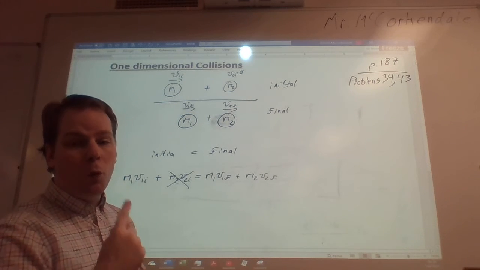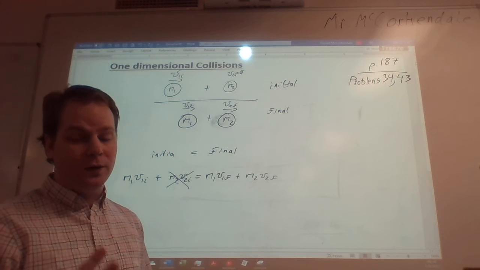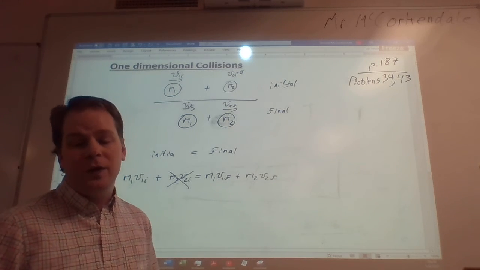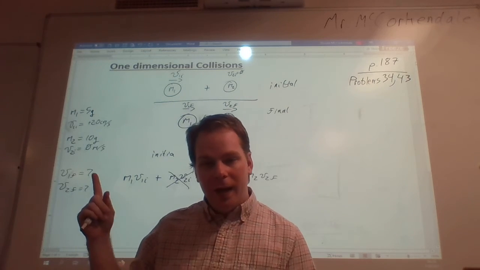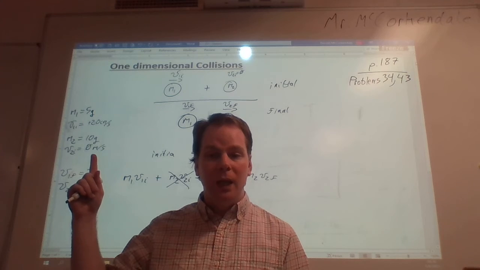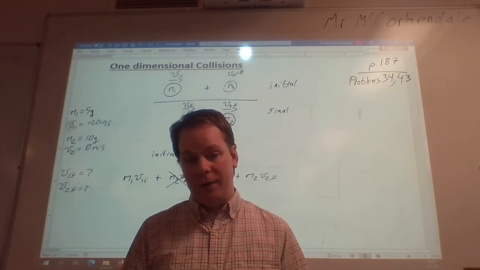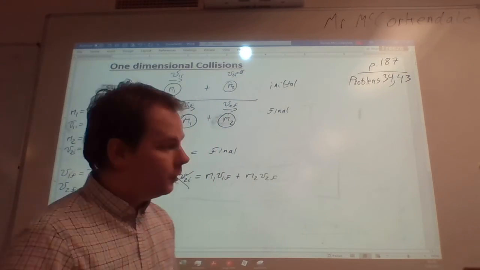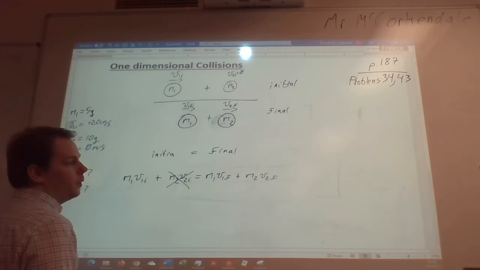Now, if M1 and M2 were the same or very nearly the same, then what would most likely happen is that the velocities would swap. But because M2 is significantly larger than M1, they can't just swap their velocities. So that makes this calculation just a little bit more difficult. It means that both of them are going to be moving still after the collision.